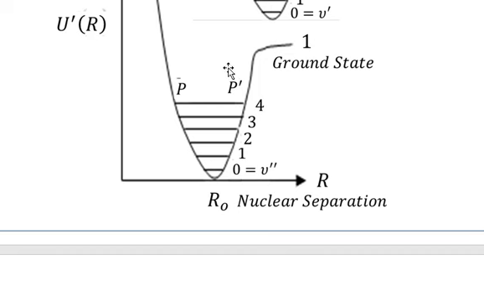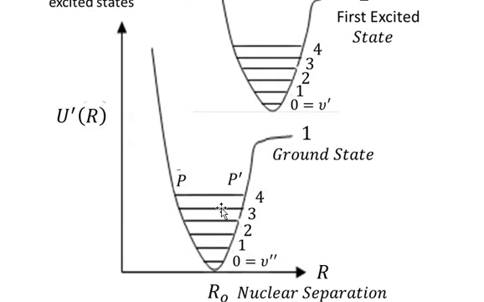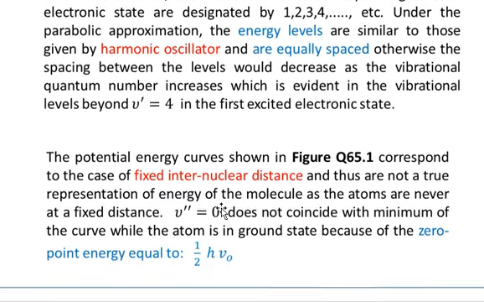But for larger vibrations about the value R0, the molecule is not following the parabolic approximation. So the parabolic approximation will only be valid when the molecule is oscillating about the value R0 and the amplitude of oscillations is not significant.